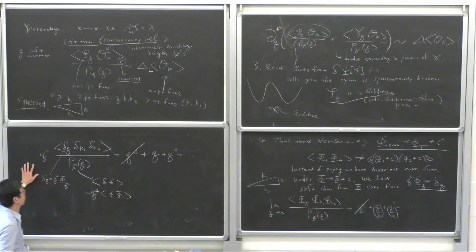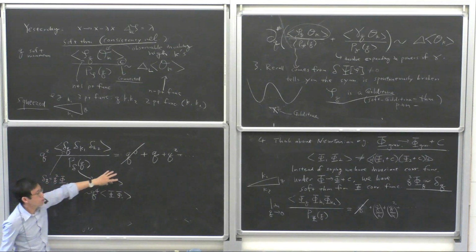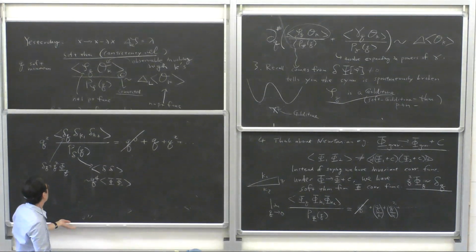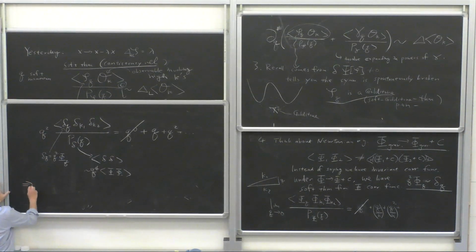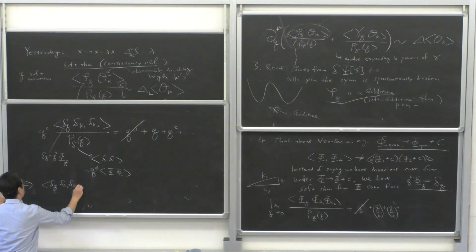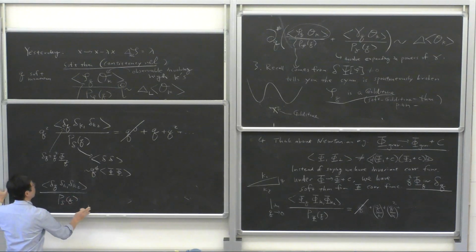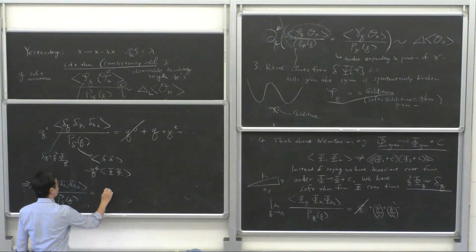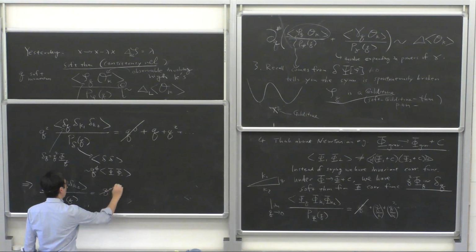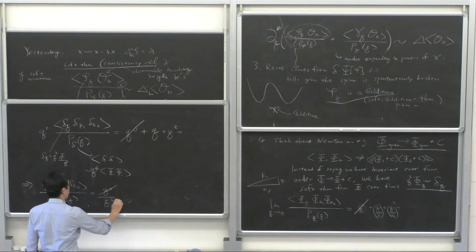That's the statement. Or if I take this q squared and now move it to the right-hand side, I can rewrite this delta q, delta k1, delta k2 over the power spectrum of delta q has to be equal to, this term cannot be there, you divide by q squared.